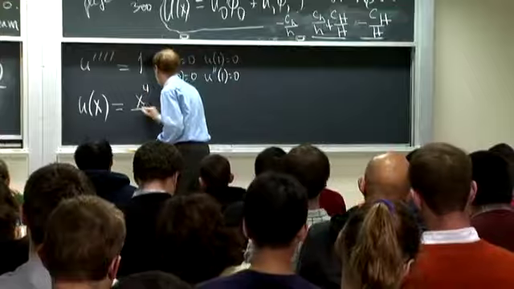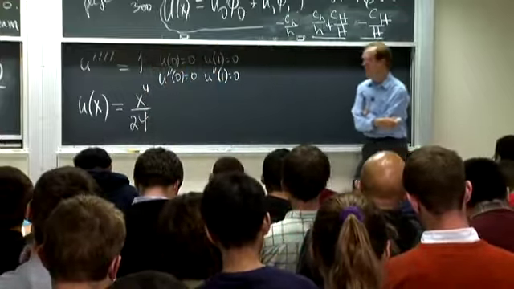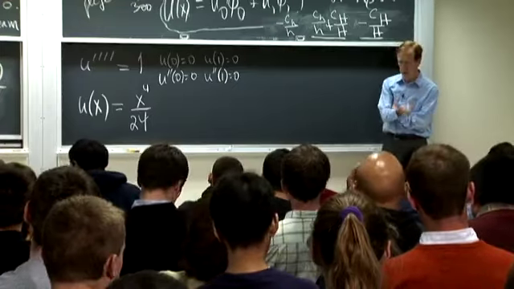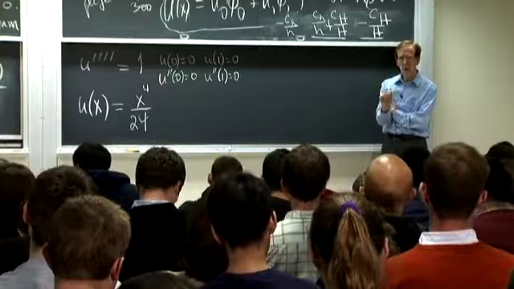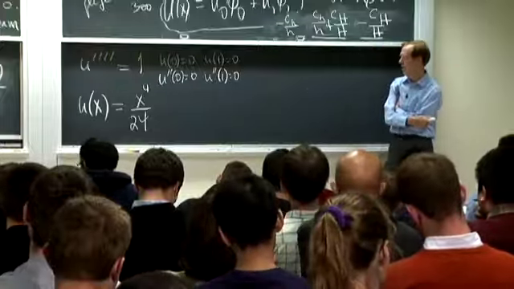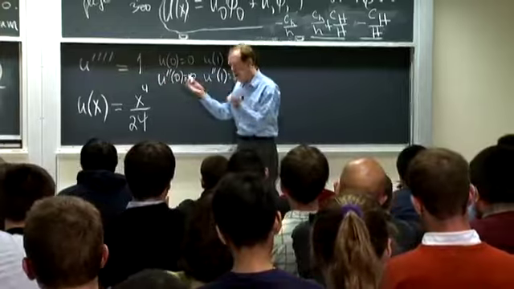X to the 4th over 24? Because with 4 derivatives, we're in the polynomial world here. Just as with u double prime for the bar, it was x squared over 2, the particular solution now is x to the 4th over 24. So that's the 4th derivative is 1, good.